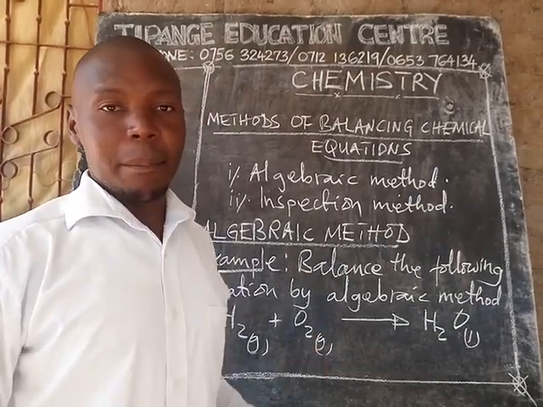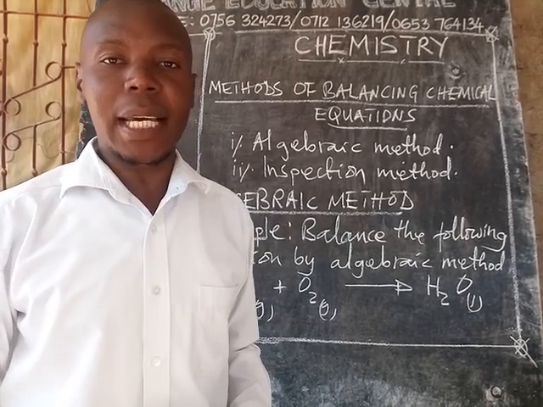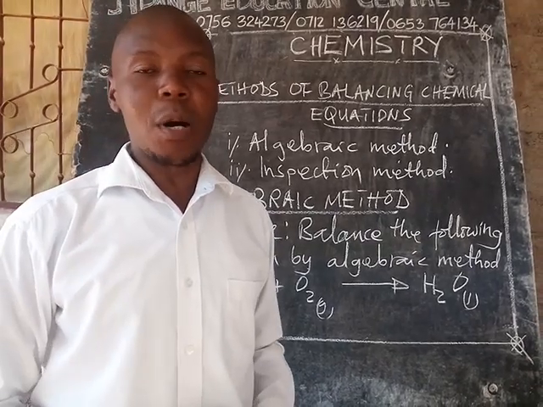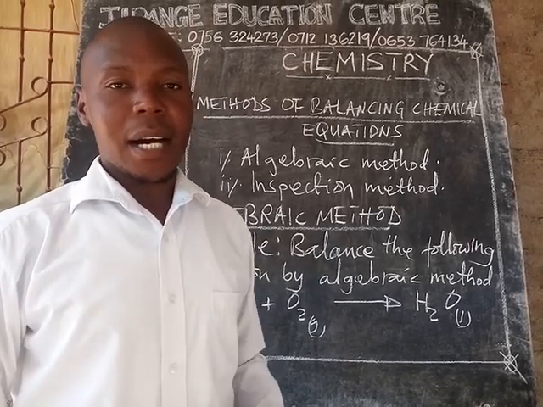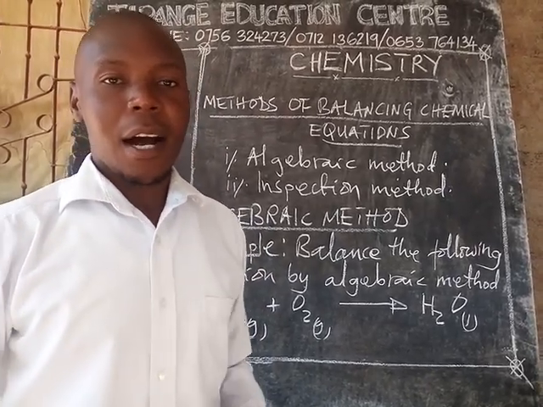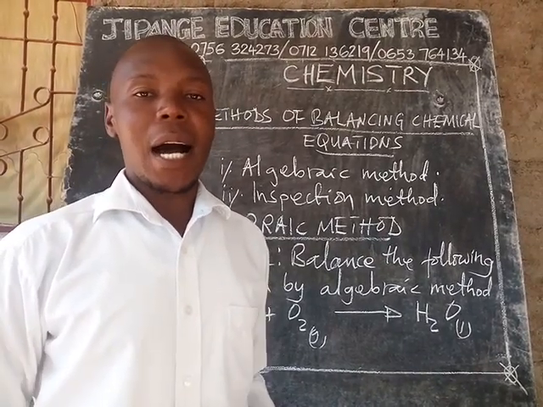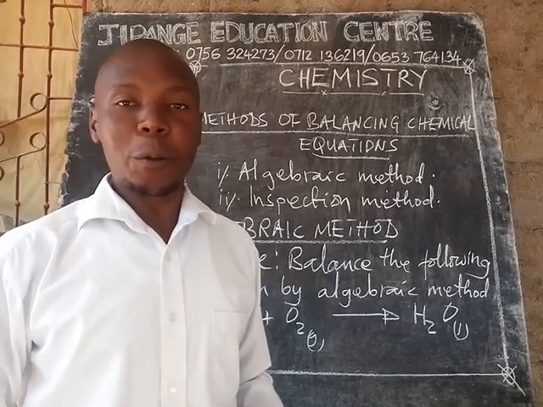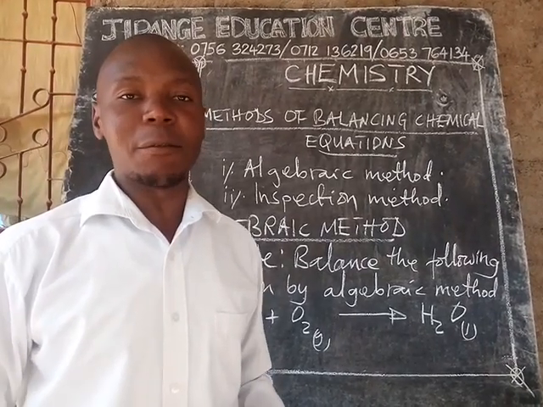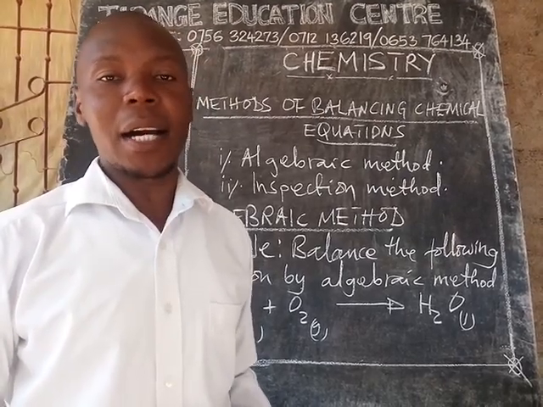Our example needs us to balance the chemical equation for the reaction between hydrogen gas and oxygen gas to form water. In order to balance an equation like this one, first you are supposed to have an algebraic equation. So you are supposed to put an unknown coefficient in front of each molecular species present in our equation.